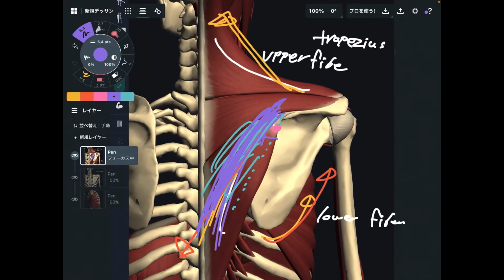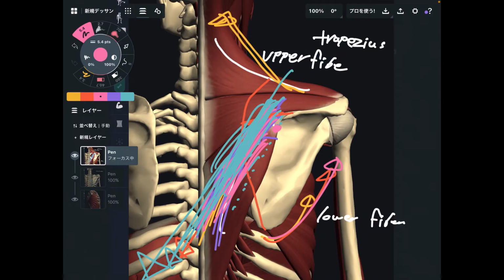It's going this way. Imagine the whole contour of scapula is like this. And the spine of scapula is like this. Then lower fiber covers scapula like this. If lower fiber pulls scapula this way, this is like a scratching movement, scratching vector of force, then what's gonna happen? Trapezius pulls scapula this way, then upward rotation happens.